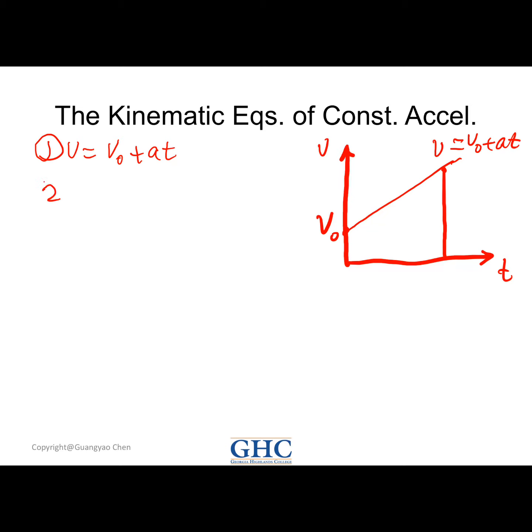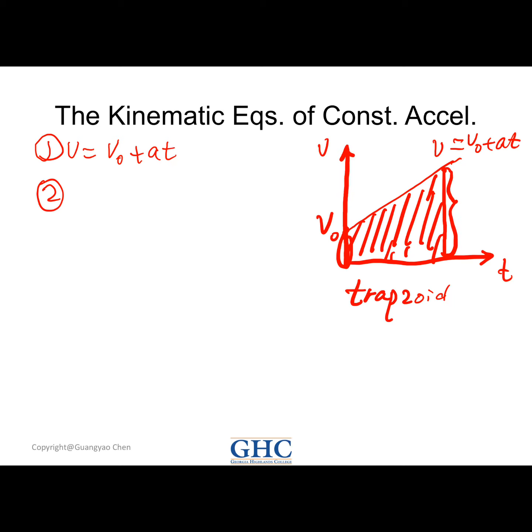We want to use a very simple geometric fact. The area under this curve is a special shape in geometry, a trapezoid. This side is v0, this side is v, and this side is t.